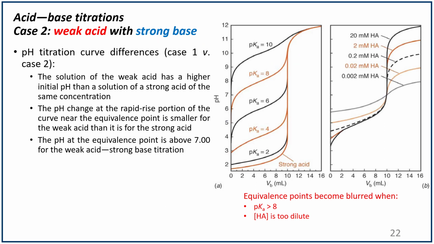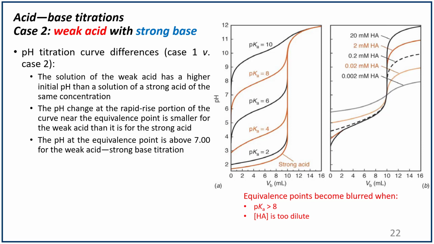Now, the volume at the equivalence point will still occur at the same volume value, meaning it doesn't matter whether a weak acid is weaker than the other, or for that matter, even if you have a strong acid, as long as it's monoprotic and the same volume and the same concentration, the equivalence point will still occur at the same volume.